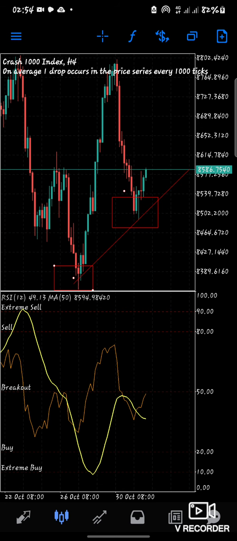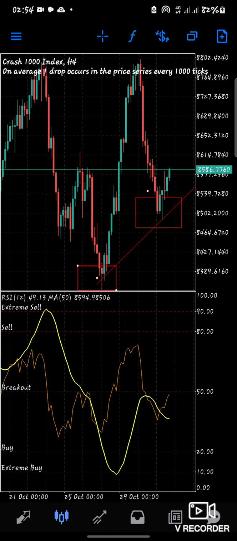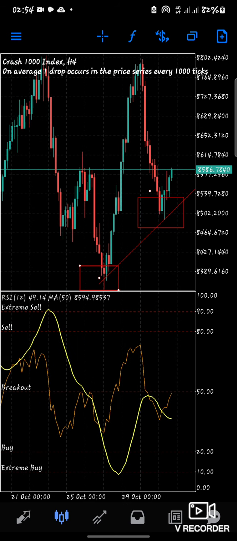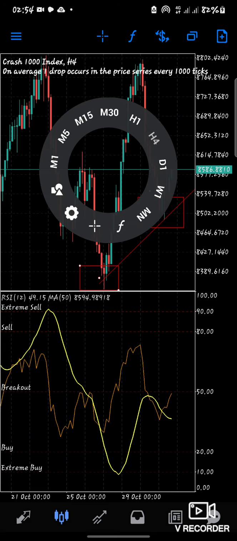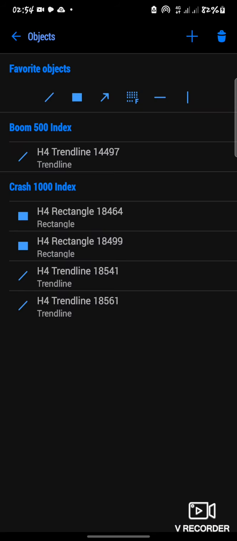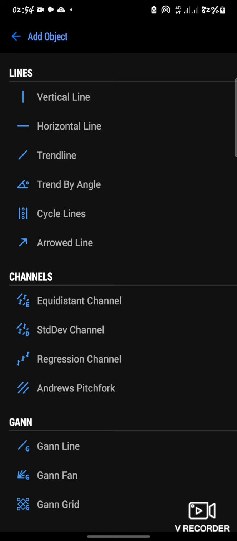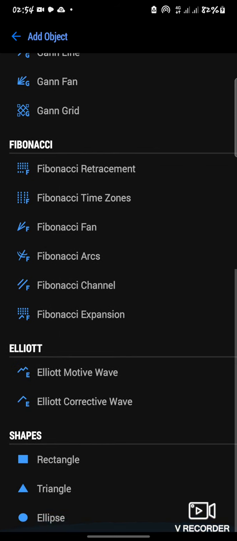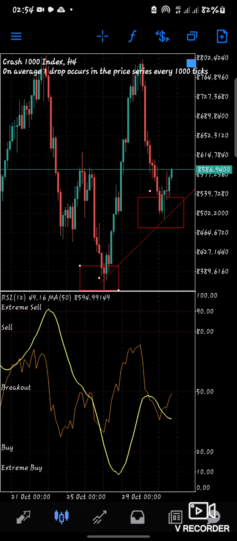So guys, the same thing happens when marking the resistance levels. You click the plus button here, and you scroll down and click on rectangle. Okay, then we do this, guys.